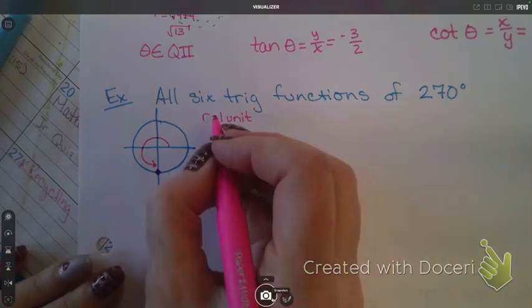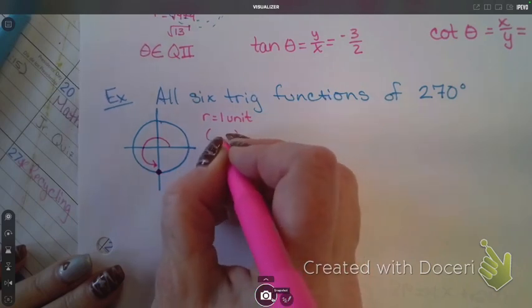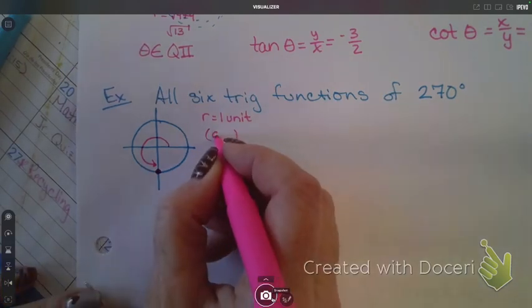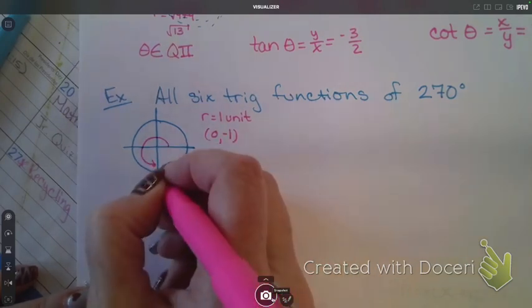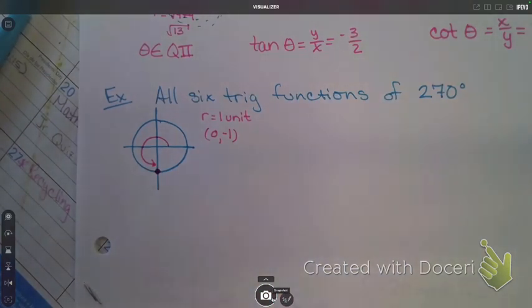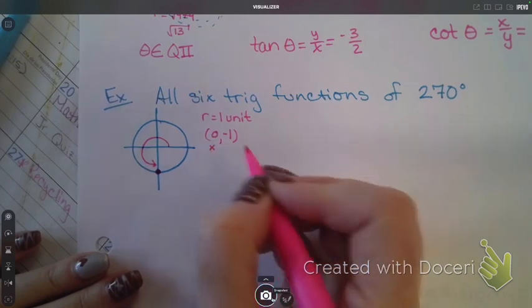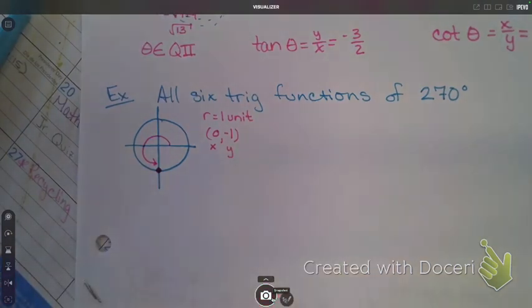So if R is 1, what's this point right here? 0, negative 1. Why is it negative? Because it's going down. So my R is 1 unit, and X is 0, and Y is negative 1.